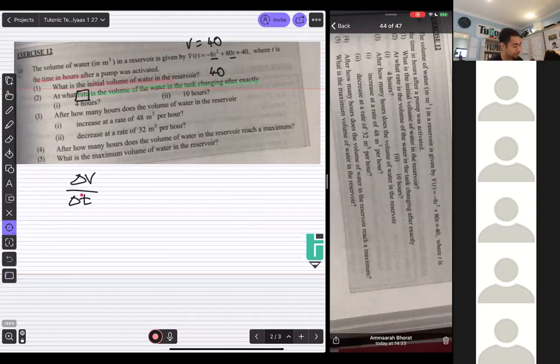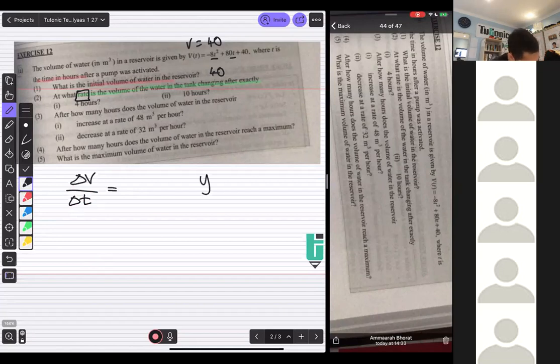But what is this delta V over delta T? It's the derivative.